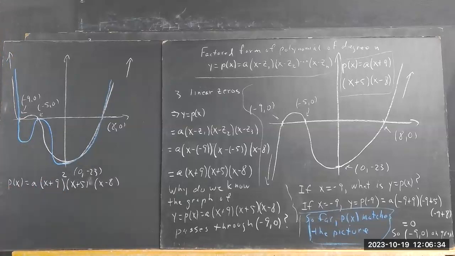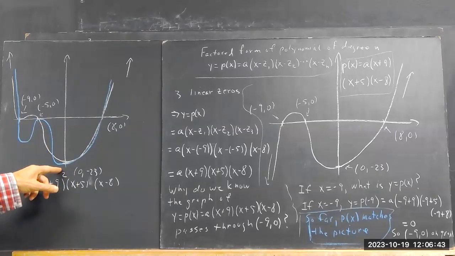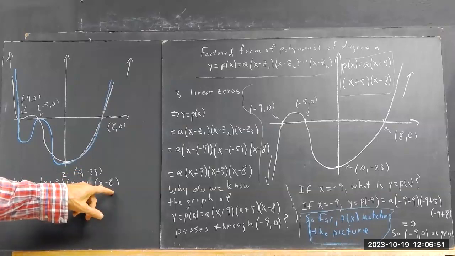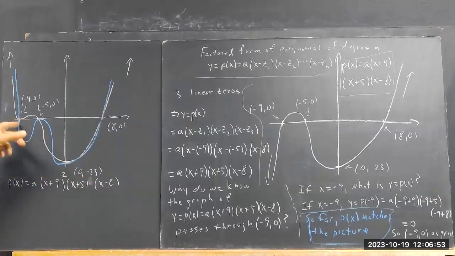Then you get a parabola if you take the x² function and shift it 9 units to the left. And you would understand that (x plus 9) squared shifts the x² graph 9 units to the left. That's also multiplied by a and by whatever x plus 5 and x minus 8 give you when x equals -9, okay?